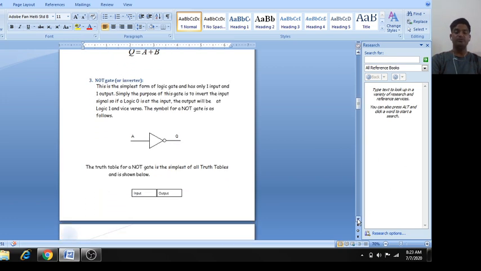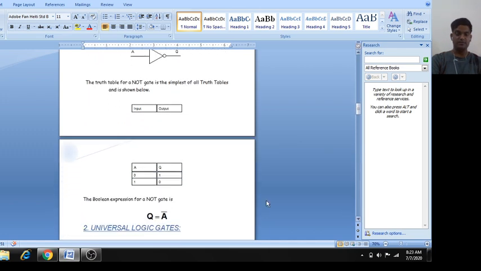If input is 0, output becomes high. If input is low, output becomes high. If input is high, output becomes low. This is nothing but the complement of input, Q equal to A bar. NOT gate is also called an inverter.